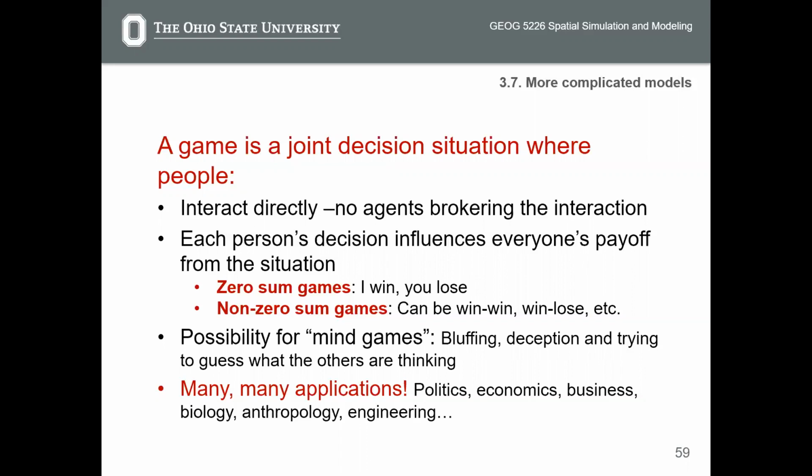You're trying to use a specific strategy to optimize your income, while other people need to lose for your benefit, right? And there are many applications of game theory: politics, economics, business, biology, anthropology, engineering, and GIS.